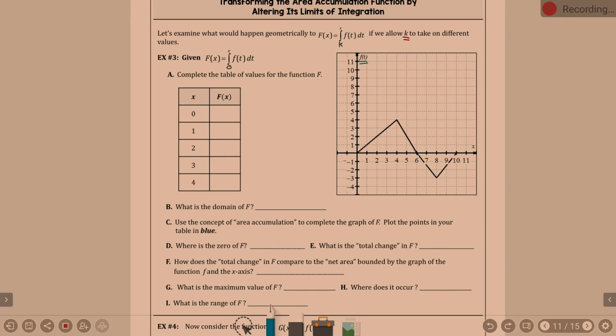It's just going to be 0. And I'm not going to write out everything on the graph this time. Plug in 1. We're going from 0 to 1, a little teeny tiny triangle, which is 1/2 times 1 times 1, so 1/2.